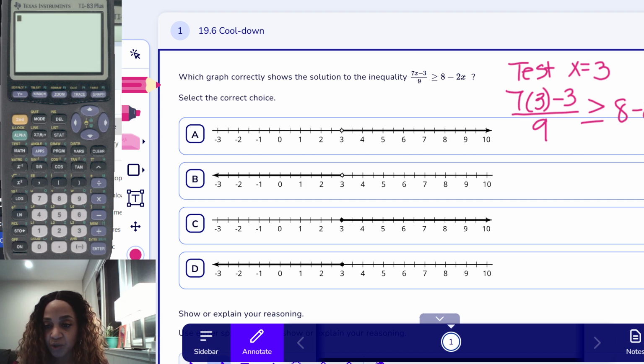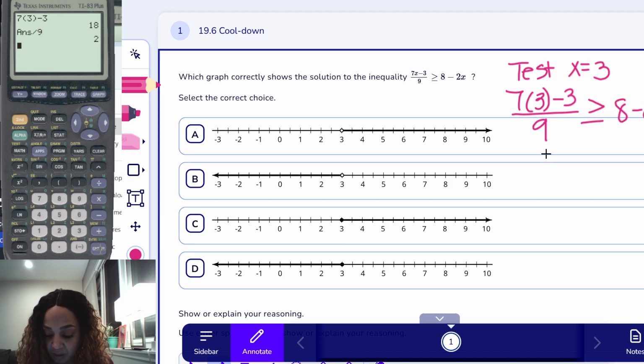So let's use our calculator and evaluate the left-hand side, which is 7 times 3 minus 3. That's 18, and then we're going to divide that by 9.